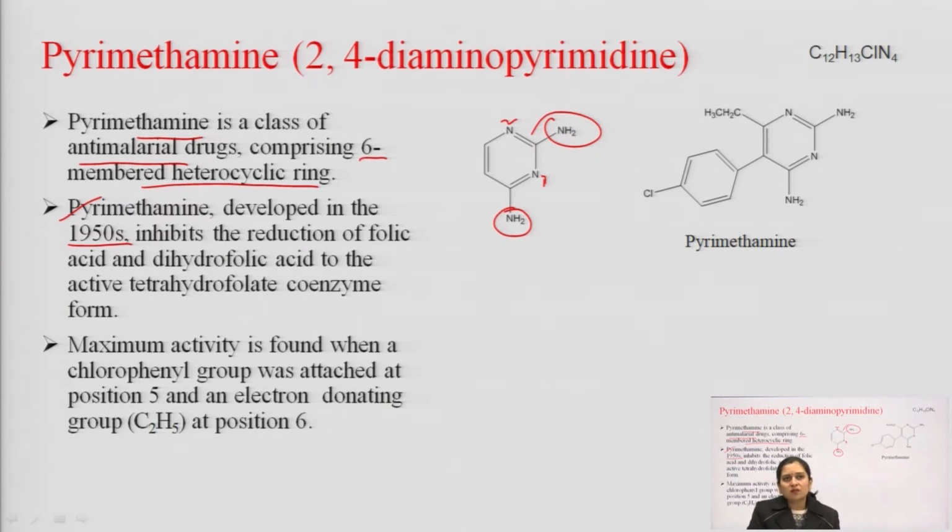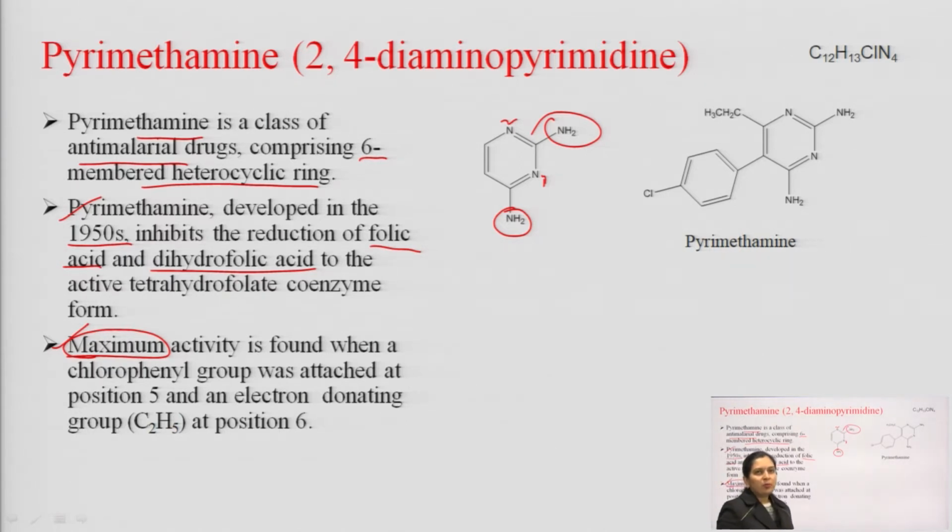This means these drugs inhibit the conversion of folic acid and dihydrofolic acid to their active form, that is, tetrahydrofolate coenzyme. We will see their mechanism of action one by one. First of all, we will understand their substitution for the maximum activity.